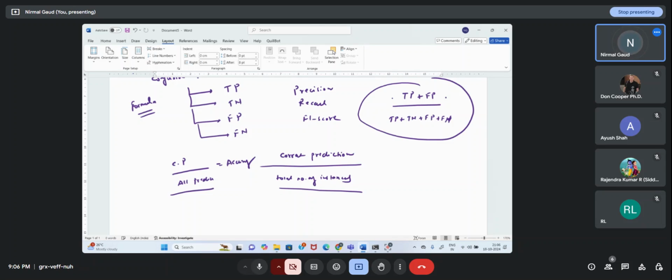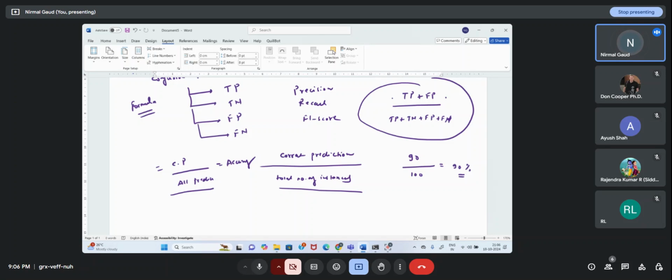Out of total, this much are correct. In general context also we can say, for example, we are having 100 entries, 90 entries are correct. What is the accuracy? 90%. The point is clear. We do not have to think too much.